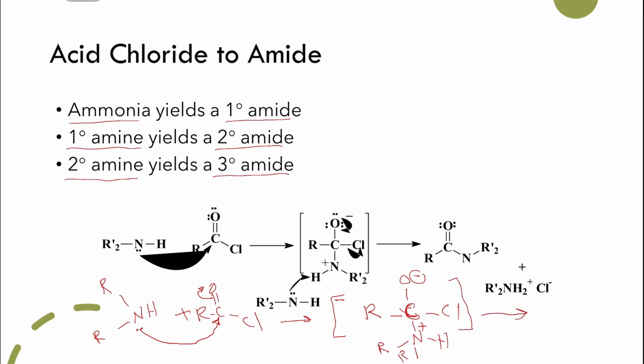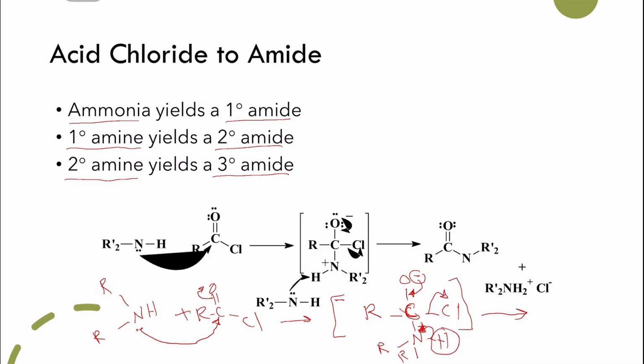The final step, we all know that chloride is going to leave as a leaving group. The oxygen will again regenerate the double bond, and this hydrogen is going to leave as a proton, relieving the nitrogen from its positive charge.